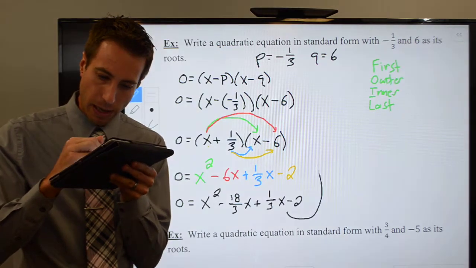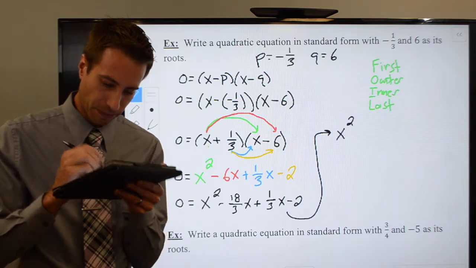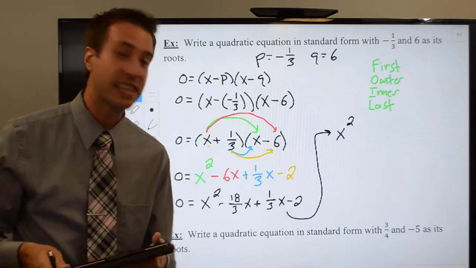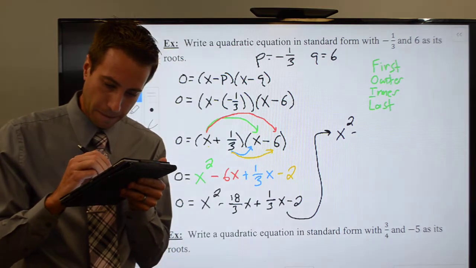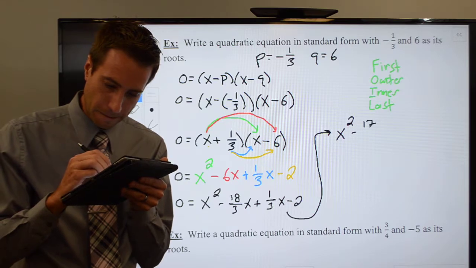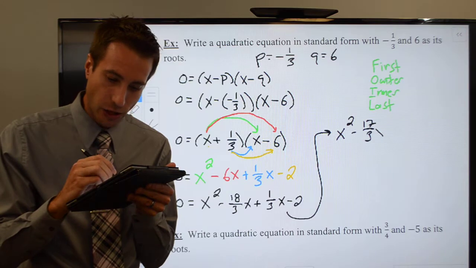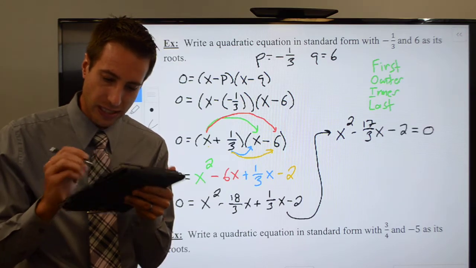Let me bring my work up over here so you can see it. And I wind up with x squared, negative 18 thirds plus 1/3 should leave me with negative 17 thirds. And then I have my x, don't forget your x, and then my minus 2. That's all equal to 0.